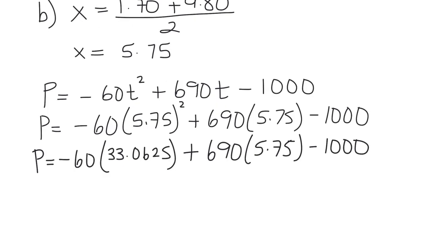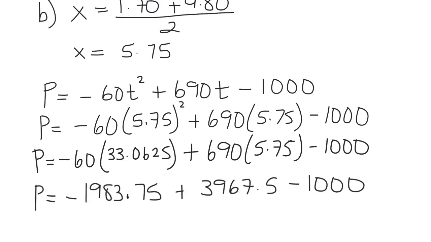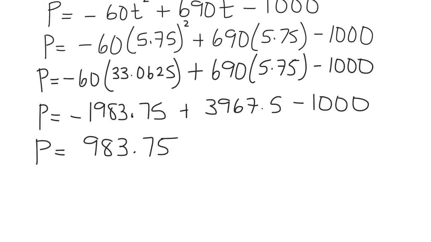That gives me a value of 33.0625. I then perform the multiplication from left to right, and then collect like terms to find my final value for the profit. So the profit works out to be $983.75. This number represents the maximum profit.